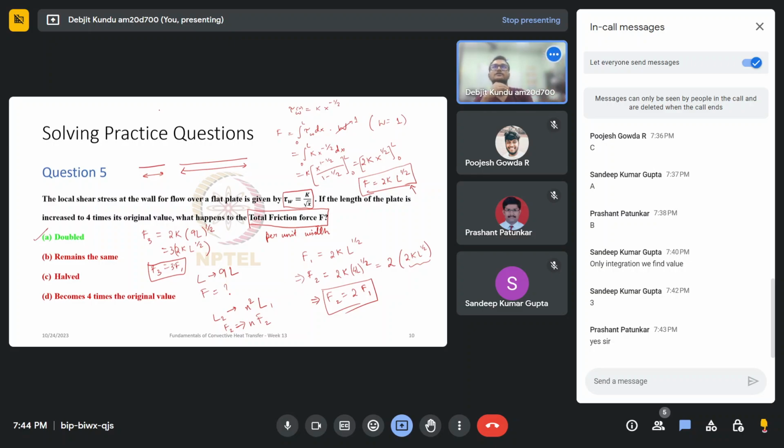If I draw a plot of L versus this friction force F, starting from 0, it would be somewhat like this. It won't be a straight line. It would be a curve like this. Any questions on this?